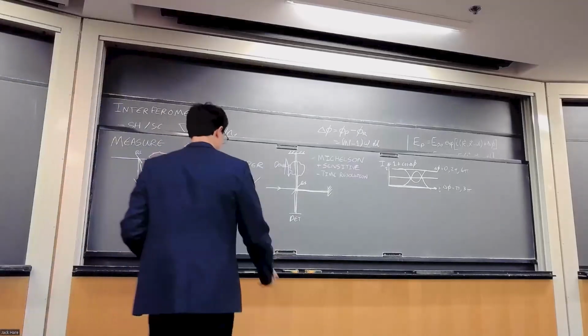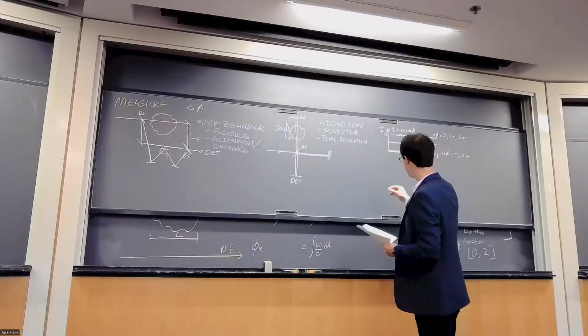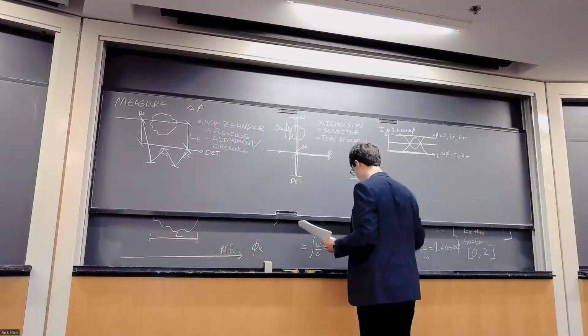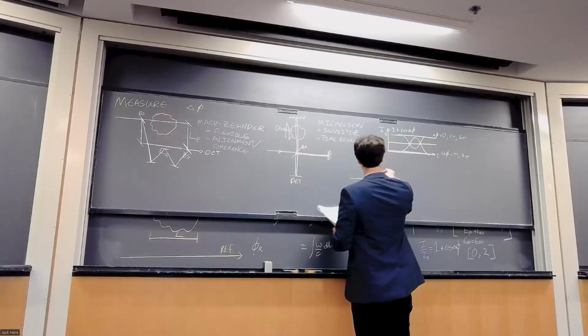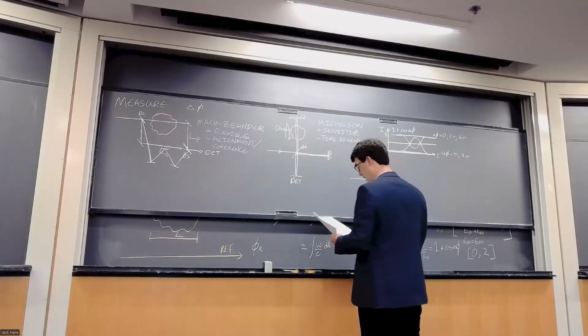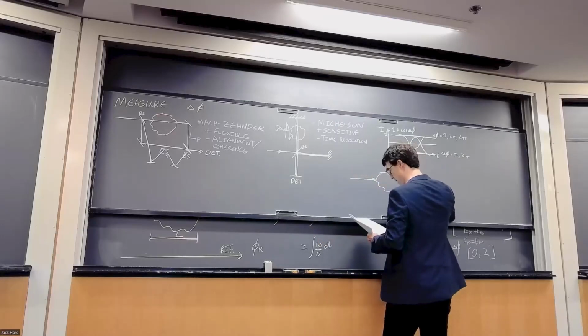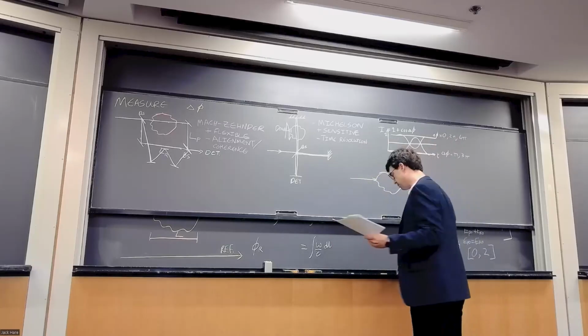Okay, so the final type of interferometer I want to talk about is very simple to set up. You have your probing radiation coming through, you get your plasma like this, and then on the other side of your plasma, you have, what's this called? I believe this is called a Wollaston prism.